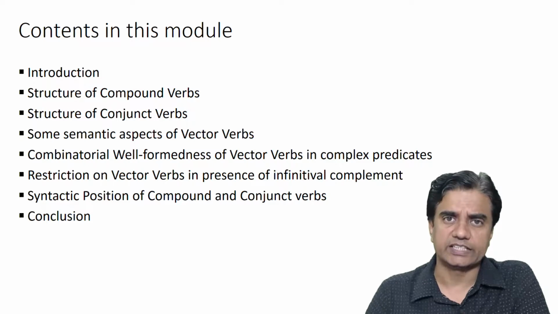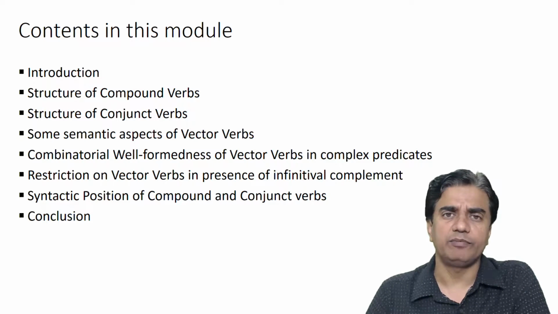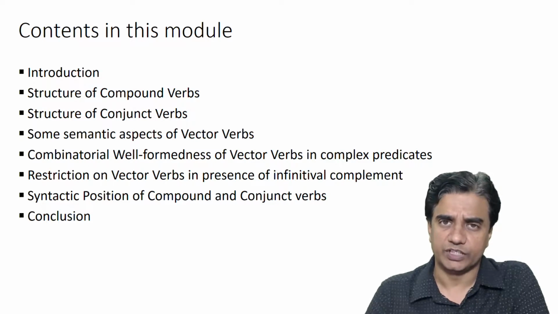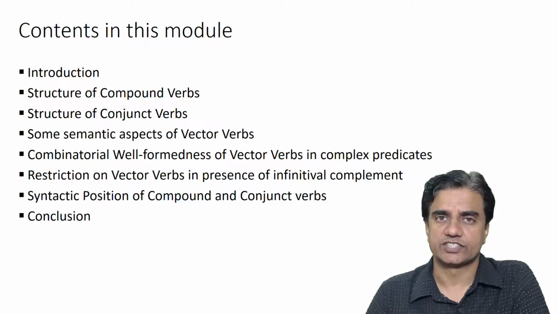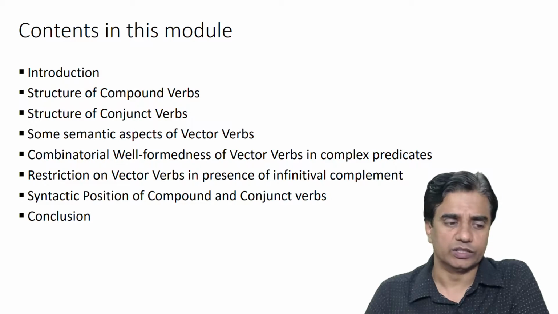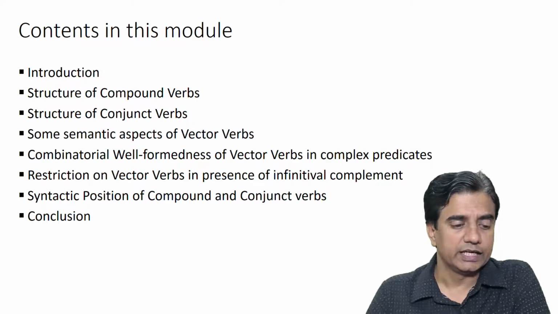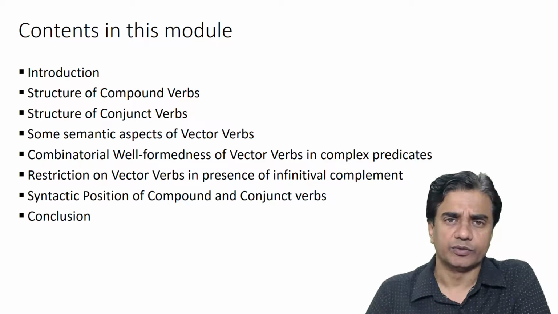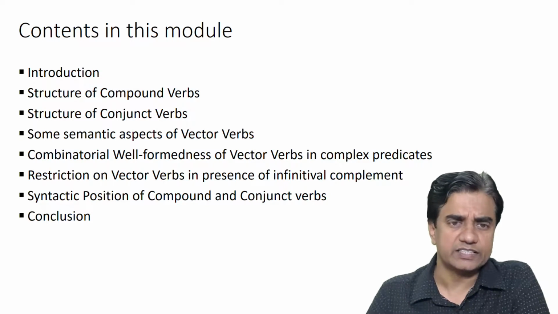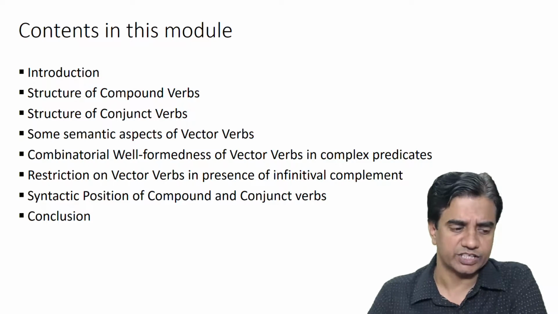We will in this unit present a very brief review of these two for a quick understanding of this structure. We'll introduce the issue, and we'll talk about the well-formedness of compound verbs and conjunct verbs.